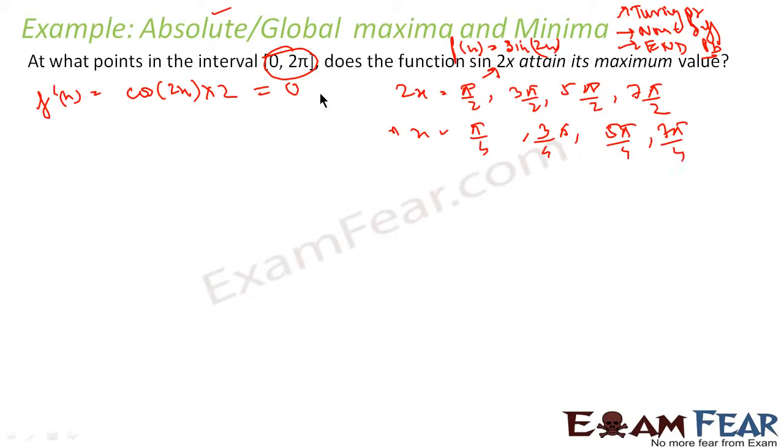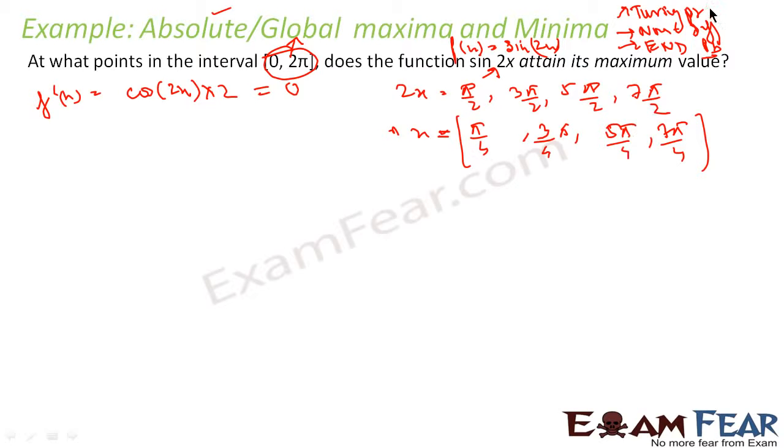I can't take more because these are the only values in 0 to 2 pi where cos 2x is 0. There are other turning points also, but since my domain is fixed now, in this fixed domain these are the only turning points.